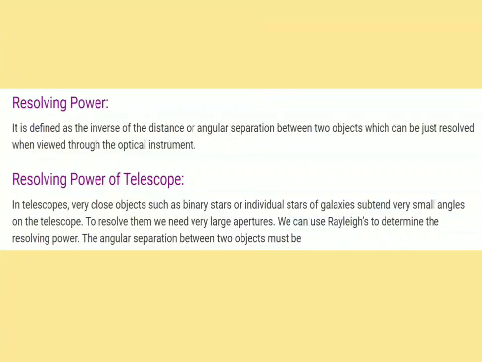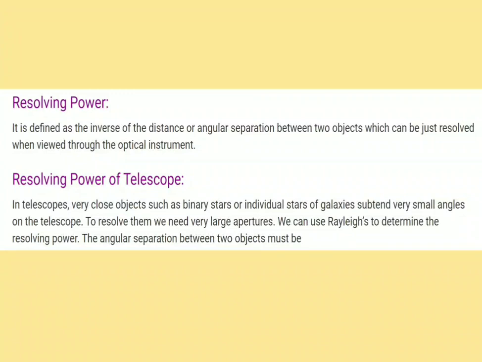The resolving power of telescope is defined as the inverse of the distance or angular separation between two objects which can just be resolved when viewed through an optical instrument. Generally a telescope is used to observe very far distance objects like stars and planets in the galaxy.